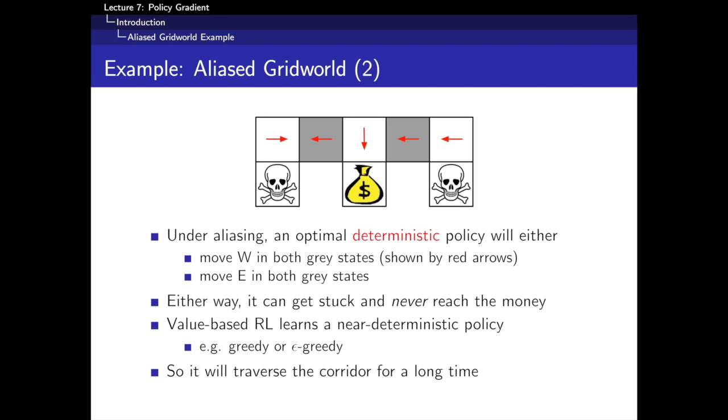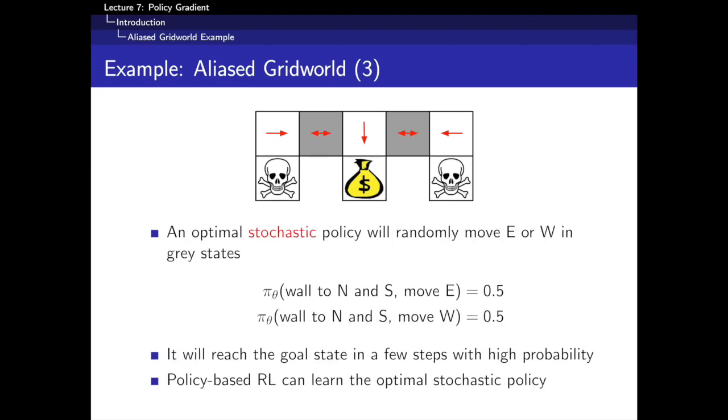to the following behavior, which is if you're on this side of the map, you would oscillate backwards and forwards forever if you're using greedy, or for quite a long time if it was epsilon greedy, and you'd never reach the treasure, or take a very long time to reach the treasure. If you use a stochastic policy, then things are much better, because we can optimize our policy so as to choose a policy that goes east or west with 50-50 probability here.